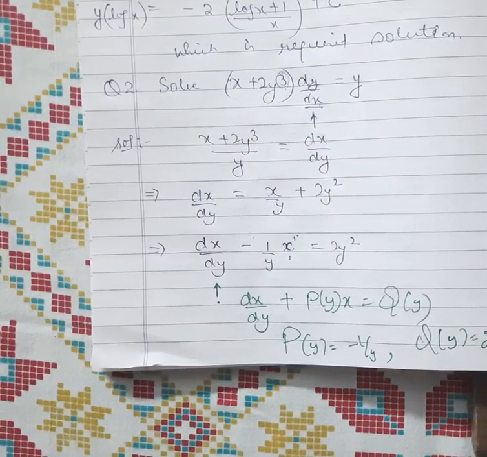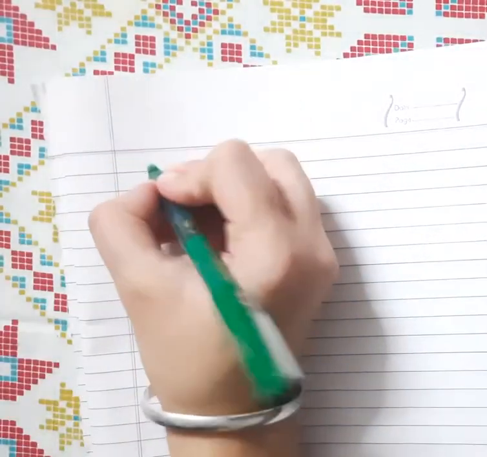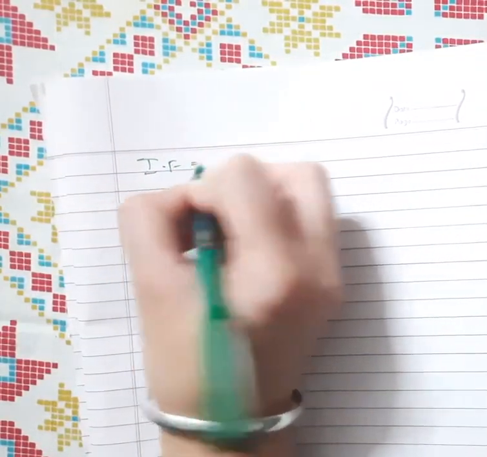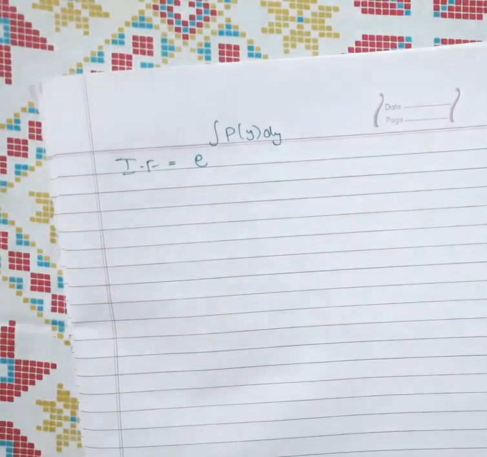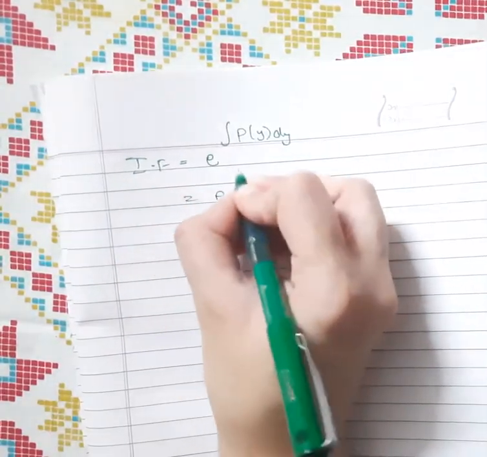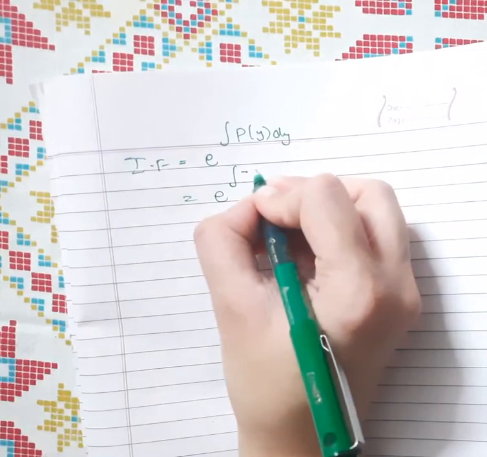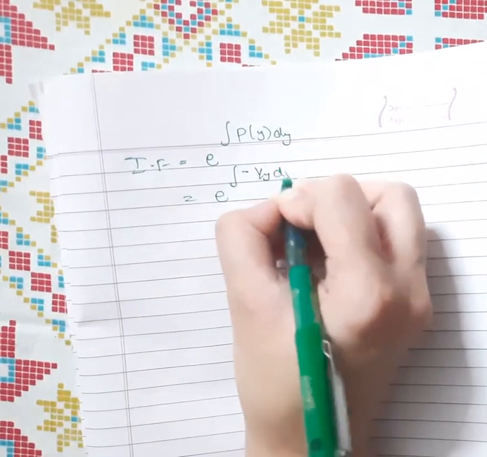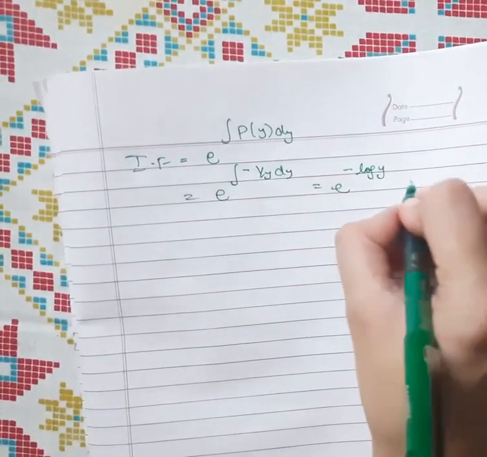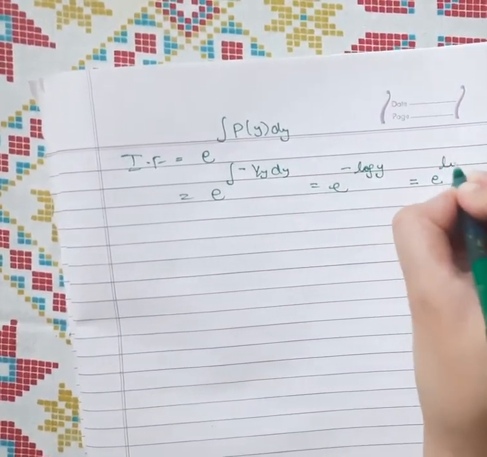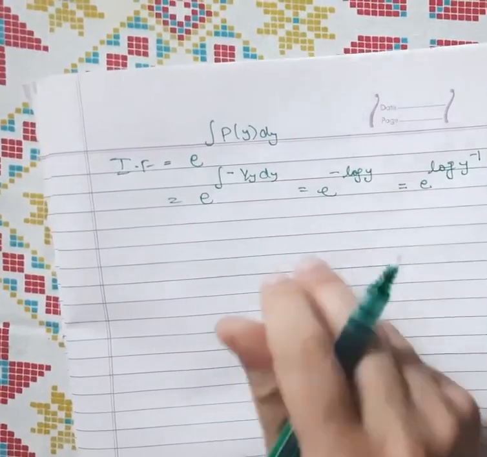Now we will calculate its integrating factor. The integrating factor is given by exponential of integral of P(y) dy. Be careful about that. And the value of P(y) was minus 1 by y. Integration of 1 by y is log y. It can be written like e raised to log y raised to power minus 1.